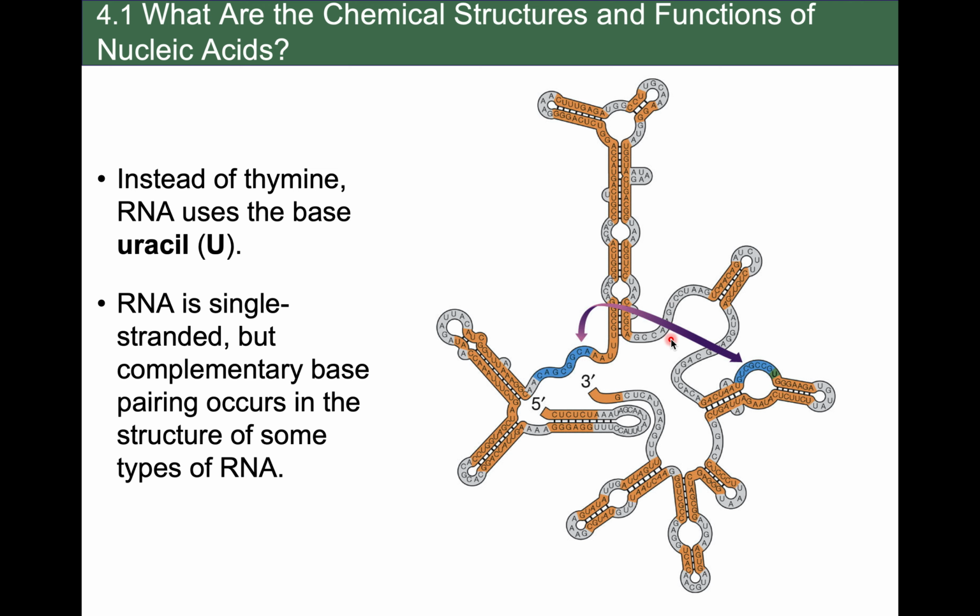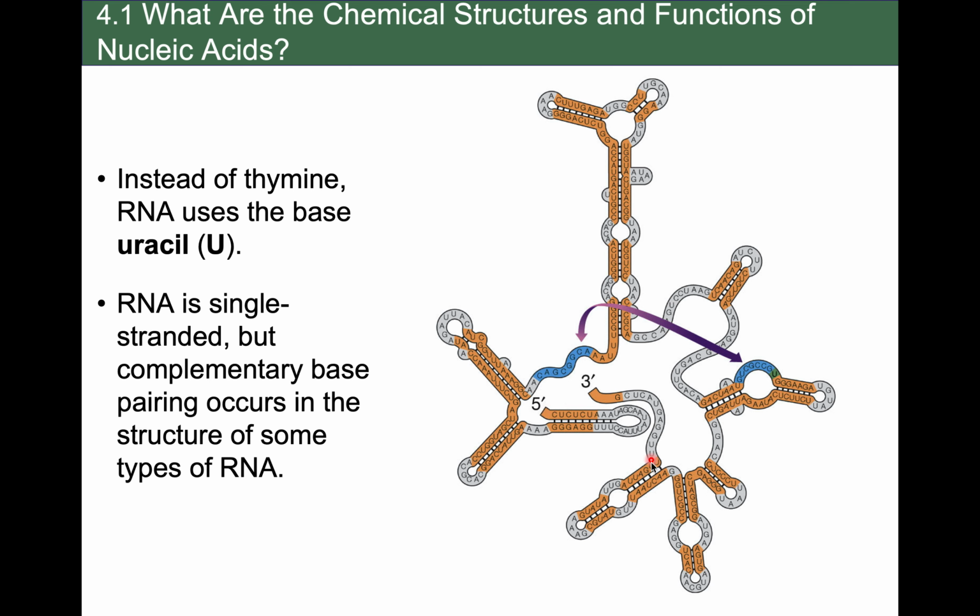RNA is typically single-stranded, although you can very often have instances like this, where this is one RNA molecule. You can see here's the 3' end, right? We could follow it all the way through to the 5' end here.